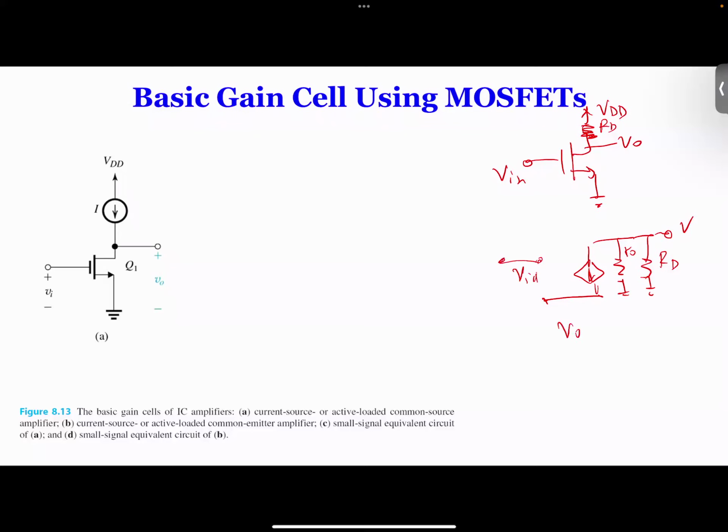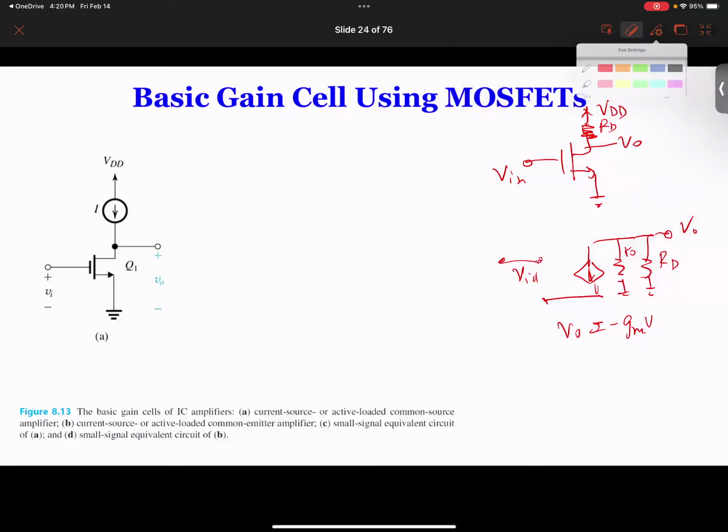So now we know that VO is going to be minus gm times VGS, which is Vin, and then times RO in parallel with RD.